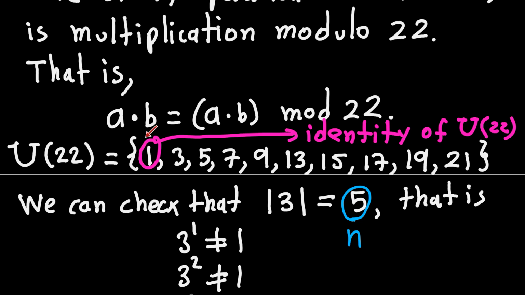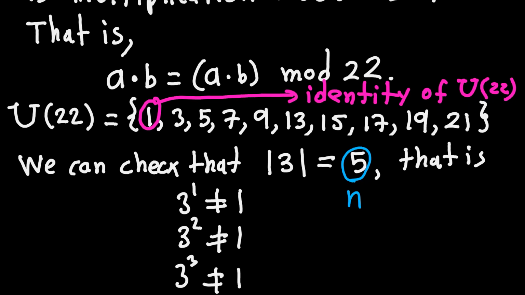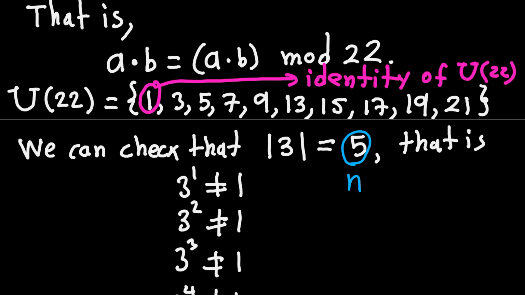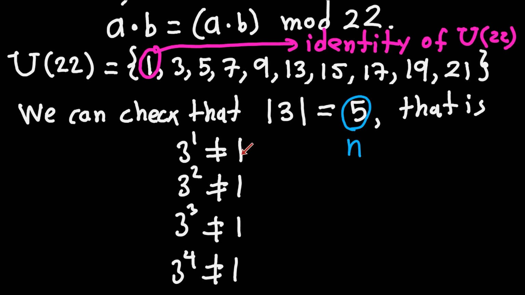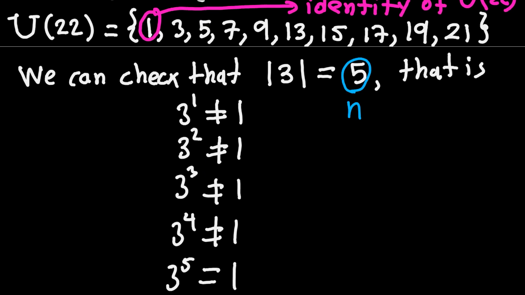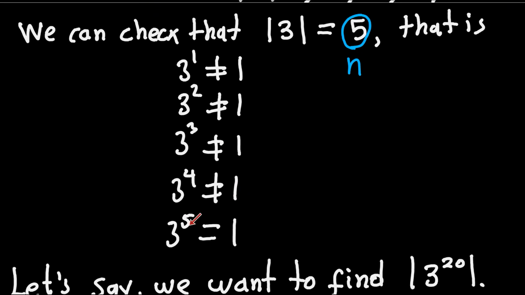Now 1 here will act as the identity for this group. We can check that the order of 3, which is an element of the group here, is 5. How do you check that? You have to check that 3 to the first power is not the identity, and second power, third power, and fourth power, all of them are not the identity, which is 1 in this case, and 3 to the fifth is the identity.